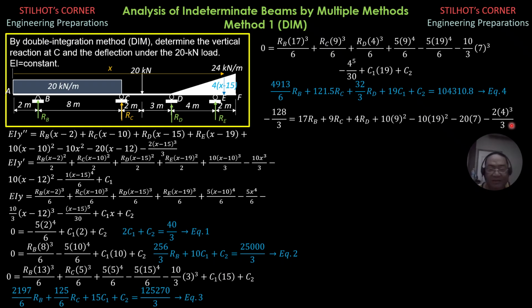It's this. So simplifying this equation, we have 17 RB plus 9 RC plus 4 RD equals 2940. Let's call this equation 5.